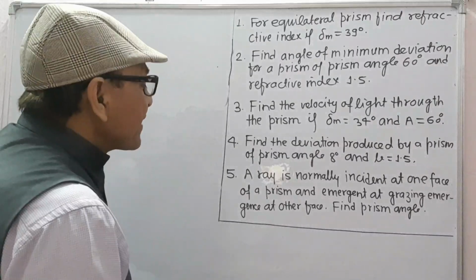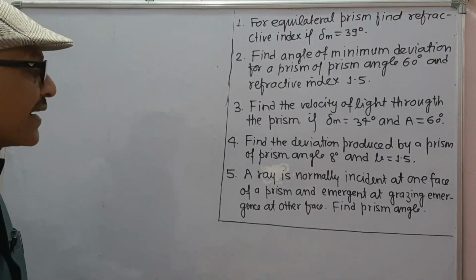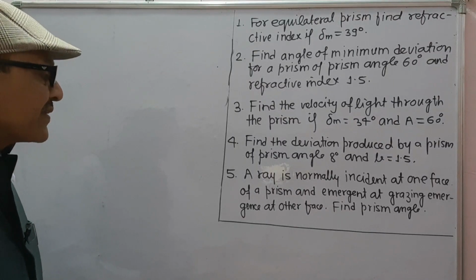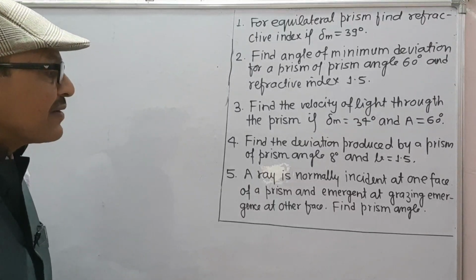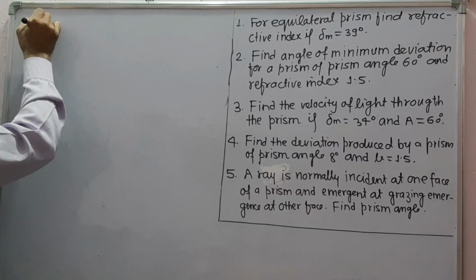Number 5. A ray is normally incident at one face of a prism and is emergent at grazing emergence at the second face. Find the prism angle. Solution.